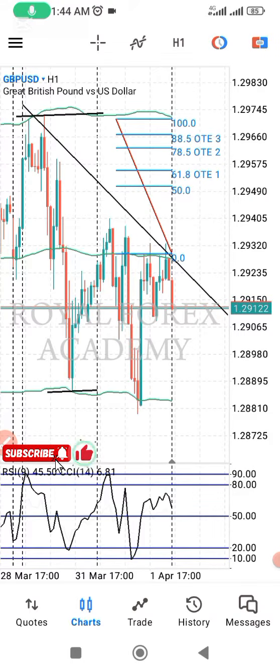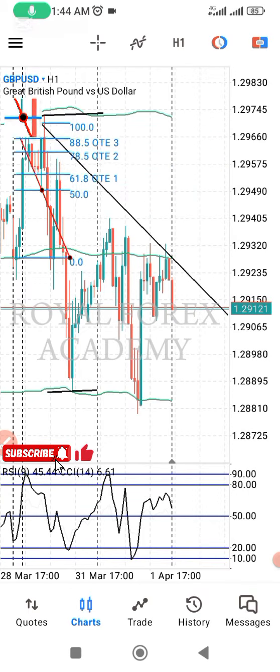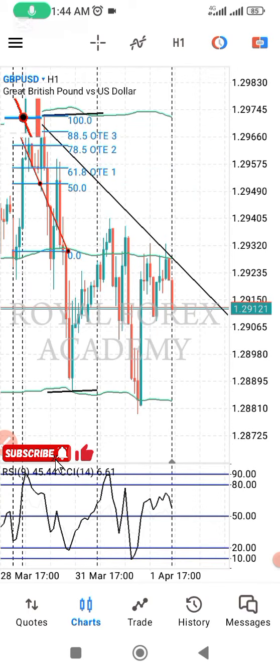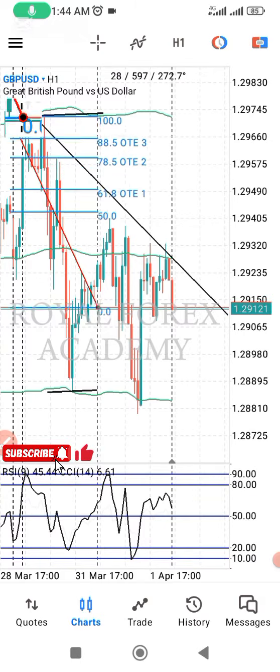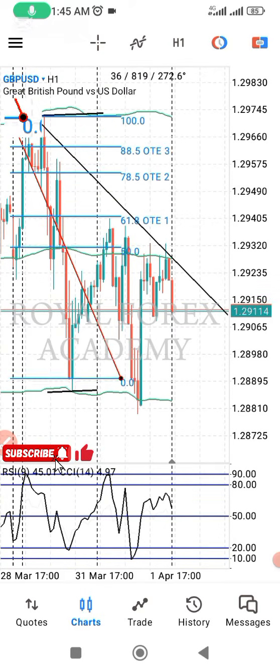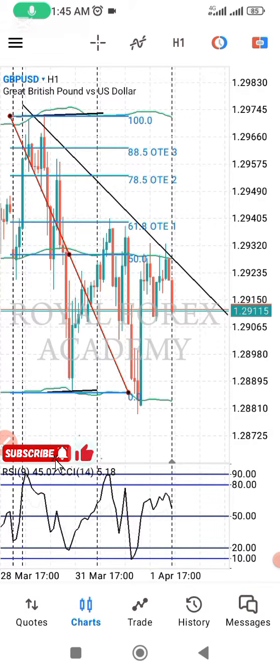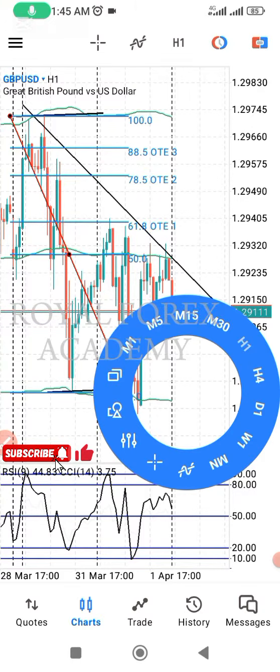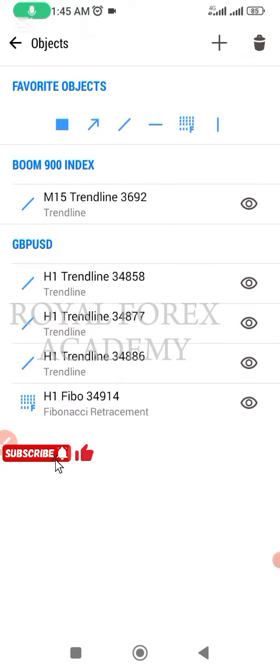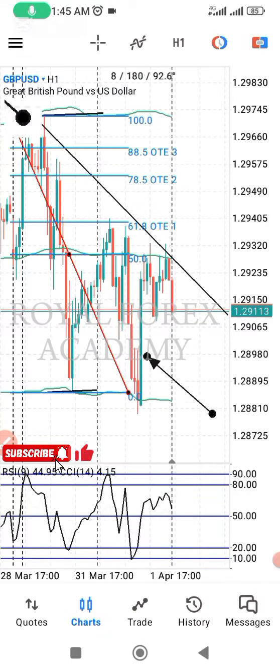once you have done that, in a downtrend you will be connecting the 100 level of Fibonacci to the lower high, and you connect the 0 level to the lower low. So you are connecting it to your range, the range that you have identified.